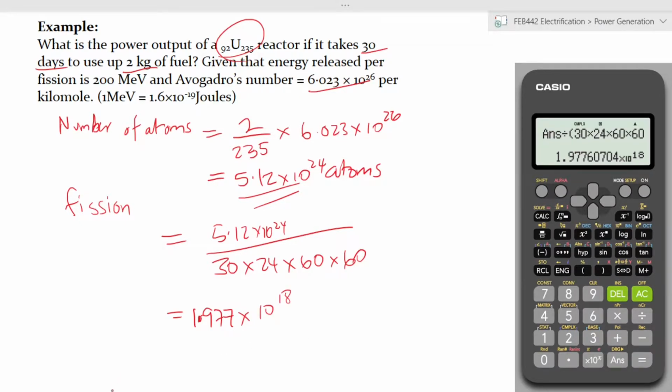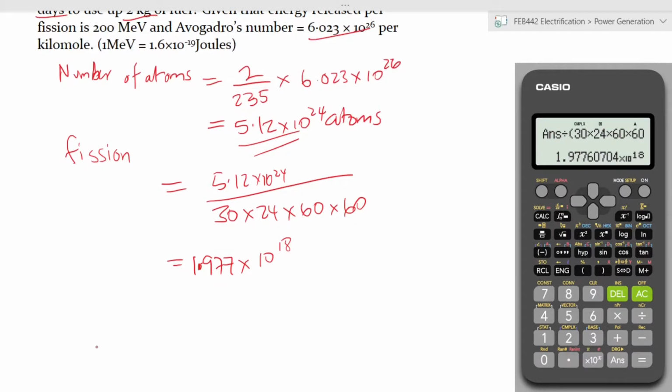Okay. Now, in each fission, how much energy are we releasing? This is the question that you had asked. Where is this energy coming from? The amount of energy that these atoms splitting produce is given by 200 MeV.